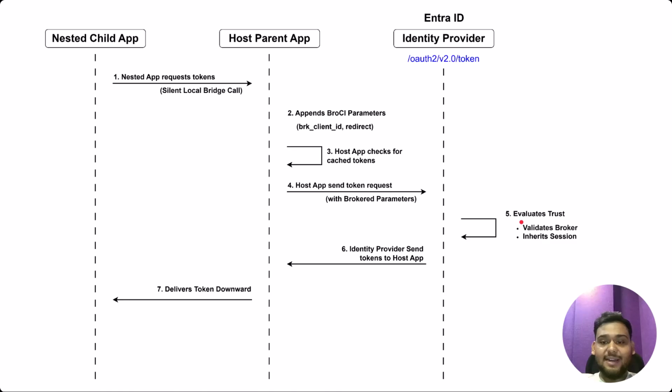And it inherits the session of the host parent. Here, the host application has already authenticated, so Entra ID inherits the session of that particular parent host app, and it checks that it is already authenticated, then it will generate the tokens and send that token to the host parent app, right?